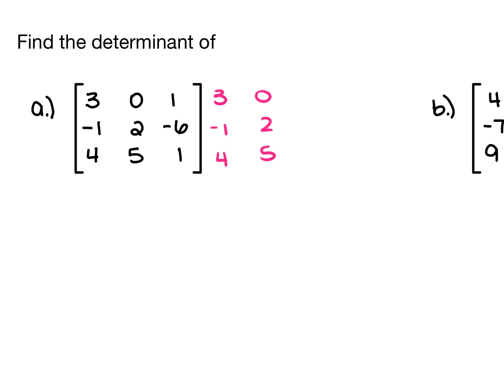So we're going to do 3 times 2 times 1. Then we're going to add that with the 0 times negative 6 times 4. And add that with the 1 times negative 1 times 5.